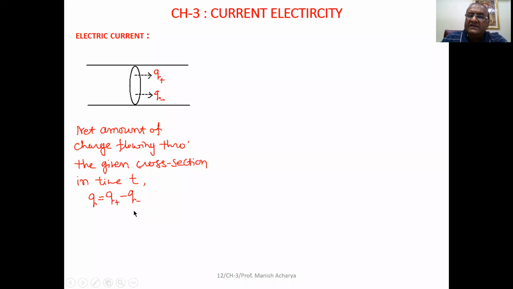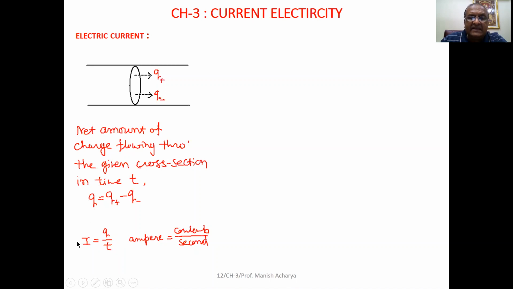Now, this net amount of charge flowing through any cross section per unit time is called electric current. So we can write electric current I equals Q by t.